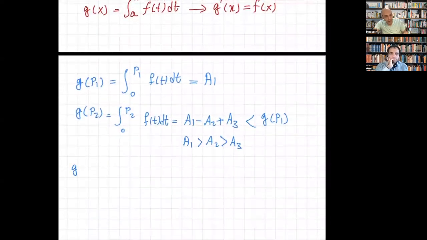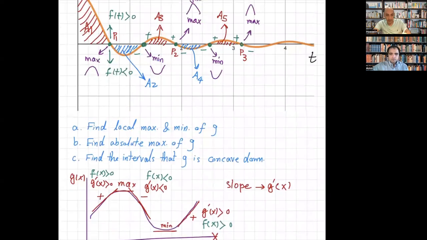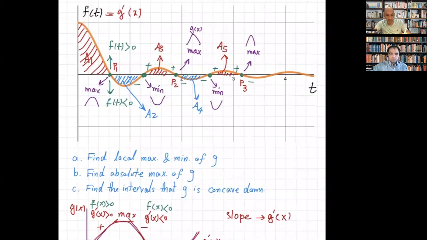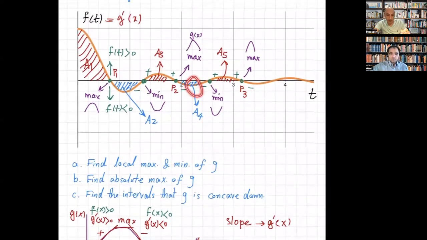So G at P3 is equal to the integral from 0 to P3 of f of t dt, which is equal to A1 minus A2 plus A3. And then if we look at these two new areas, this is going to be subtracted and this is going to be added.